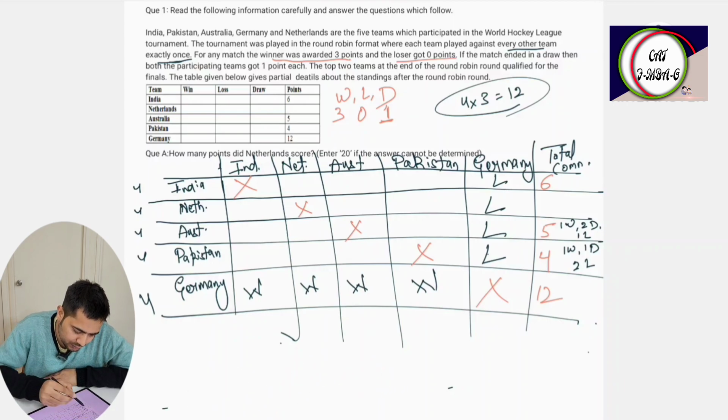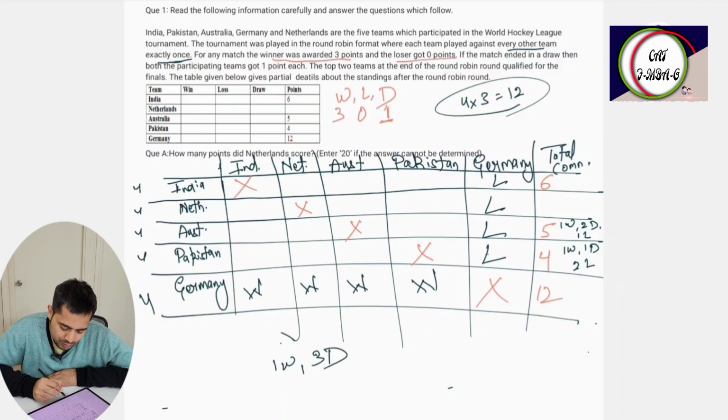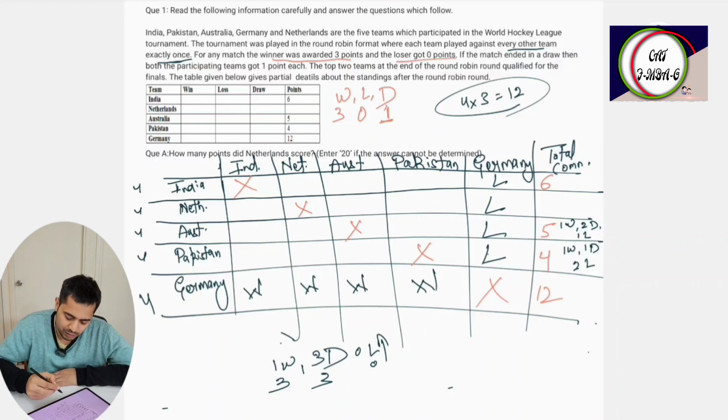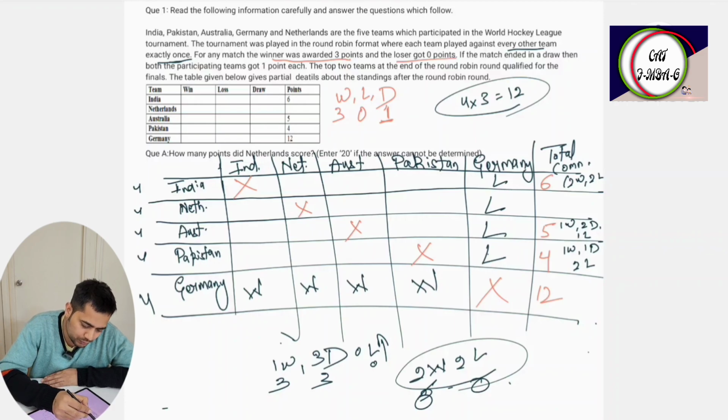How to get 6 points? 2 wins can be there, or 1 win and 3 draws. 3 and 3. But then losses have to be 0. But 1 loss against Germany is there. So 2 wins and 2 losses. This combo can work. 6 and 0.